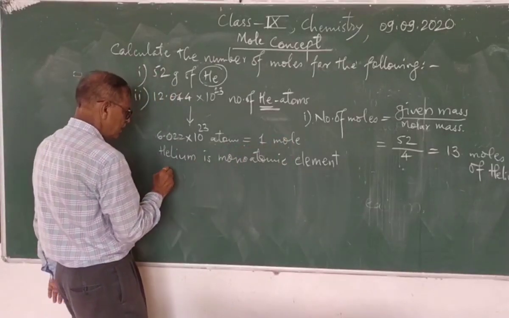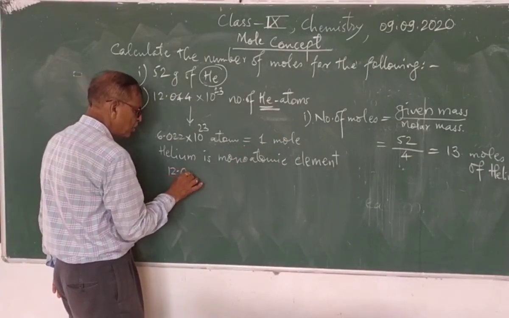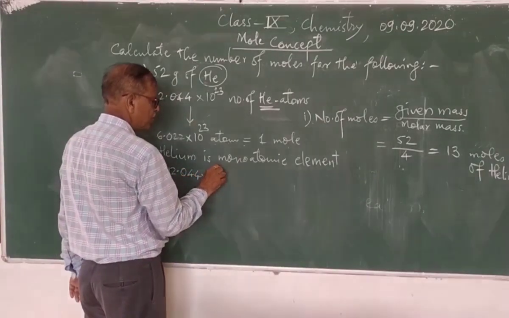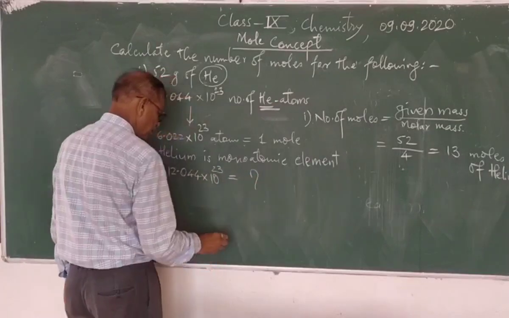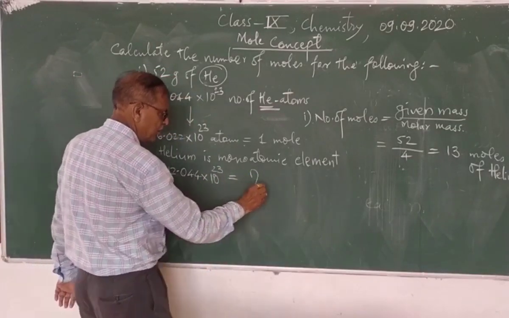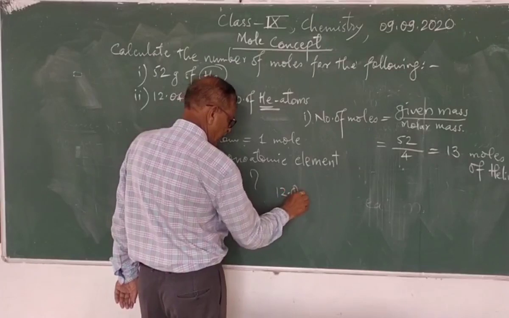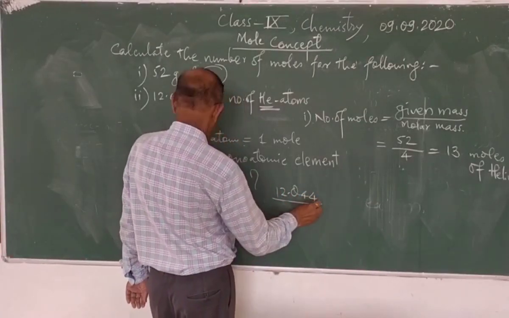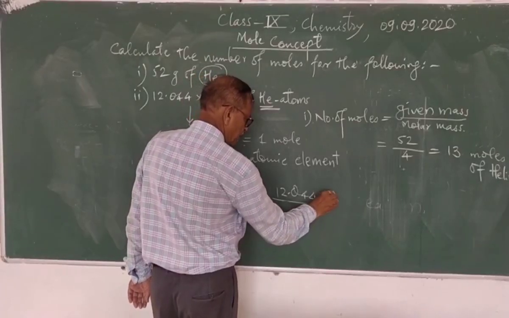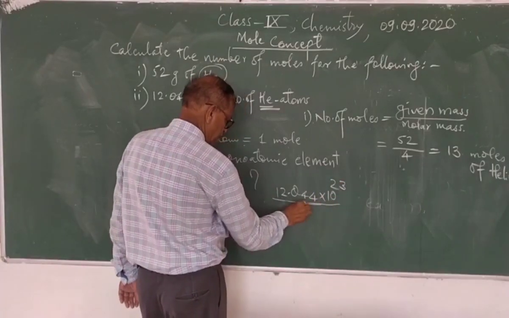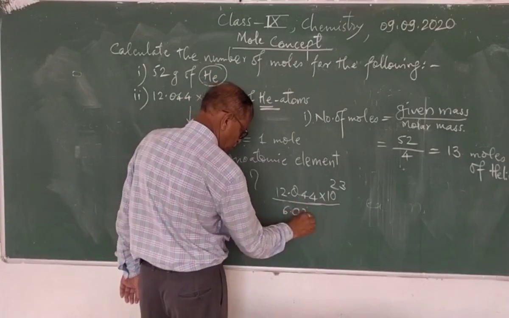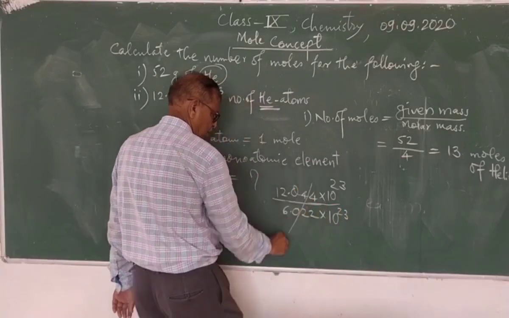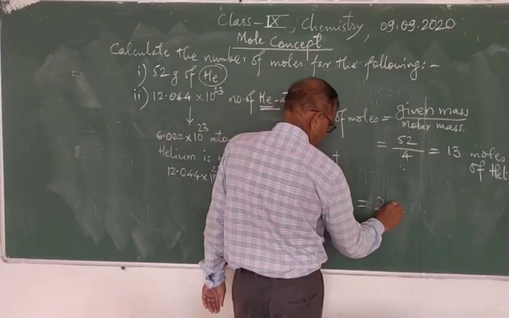Thus 12.044 into 10 to the power 23 is equal to how many moles? 12.044 into 10 to the power 23 divided by 6.022 into 10 to the power 23. So this will come out to be 2.